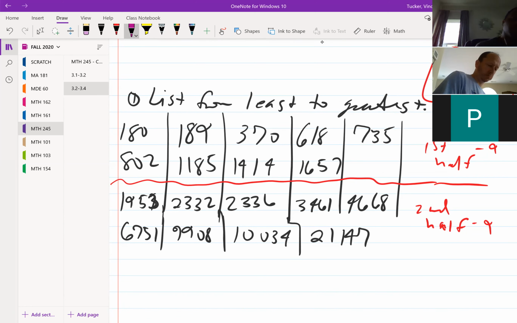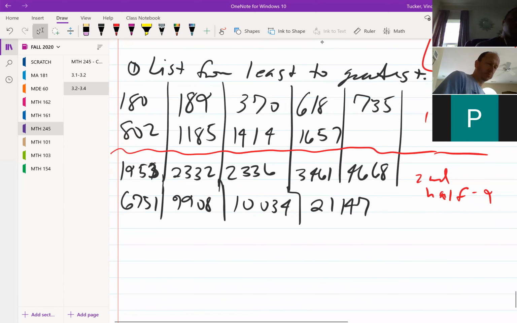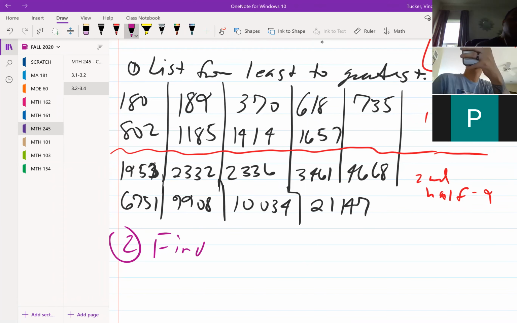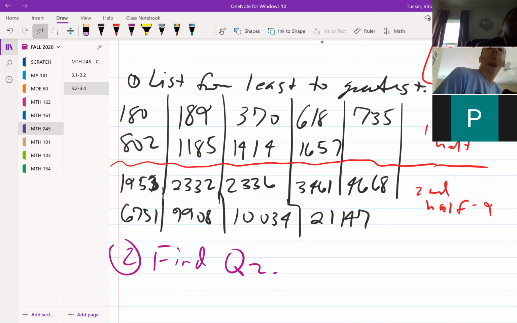And so what I mean by that is when we go back to Q2, because that's the next step. Step 2 is to find Q2. That's just the middle value of your whole data set. So if I have 18 data values, since it's even, I don't have a middle value, so I would take the 2 middle values.